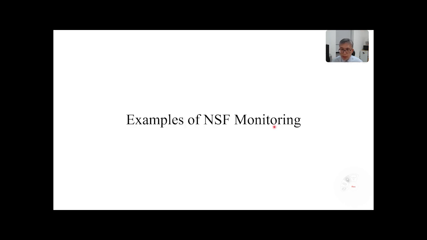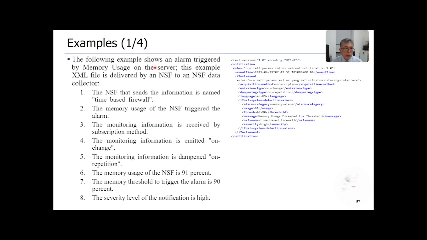The following example shows memory usage. This example XML is delivered. In this case, for the time-based firewall, the memory of the NSF triggers an alarm, and the subscription method is specified on repetition and emission type.